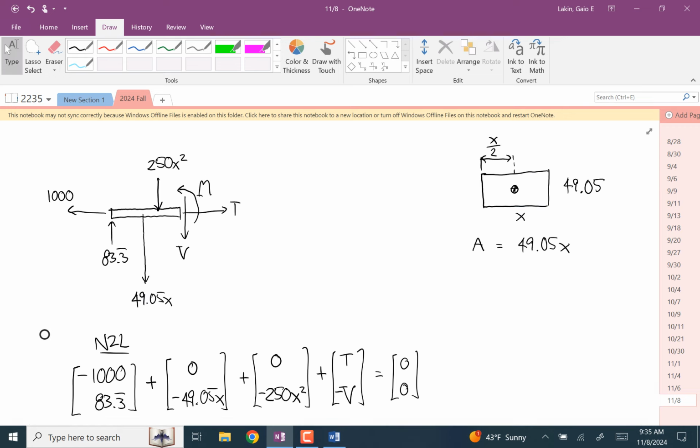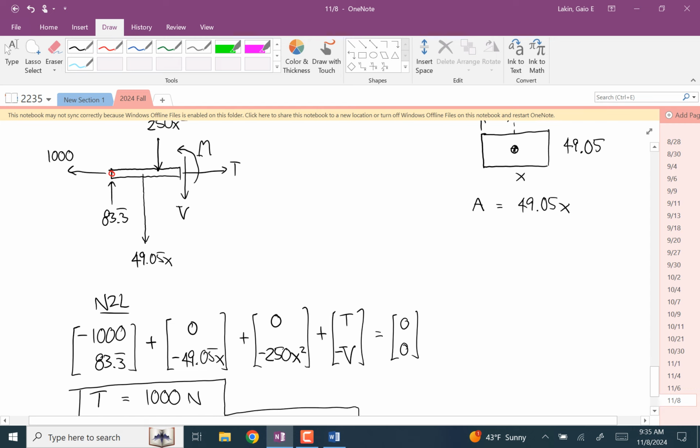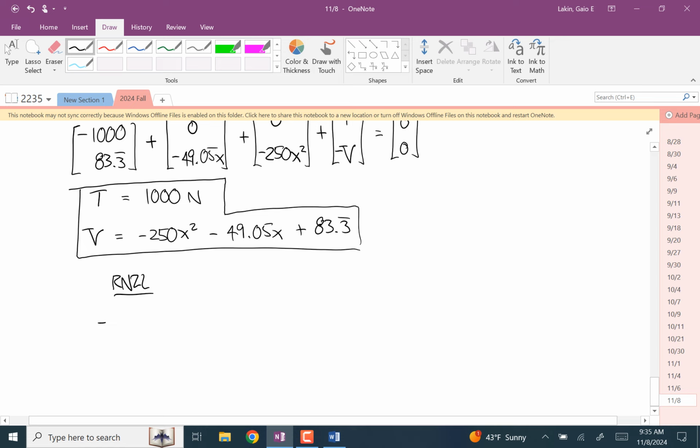Now for the cuts, we always put the about point at the left end. So the 1,000 and the 83.3 don't produce any moments. The 49.05, is that clockwise or counterclockwise? Clockwise, so we have negative. The moment arm for that was x over 2. The force is 49.05x.